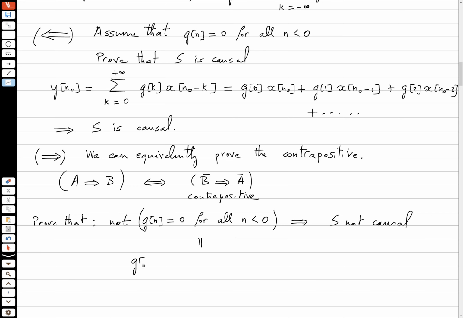Okay, let me write down: g of n not 0. You don't agree? All right, so you propose something different. g of n equal to 0.